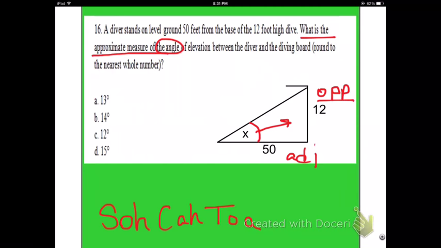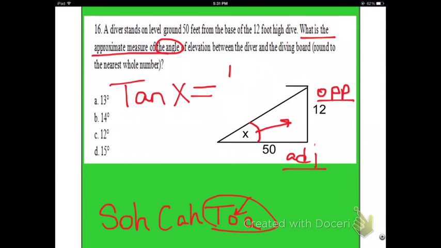Which trig function uses opposite and adjacent? That would be tangent. So I'm going to write tangent. Now remember, I don't know the angle, so I'm going to have to put X. That's what's represented here. Tangent is opposite, which is 12, over adjacent, which is 50.